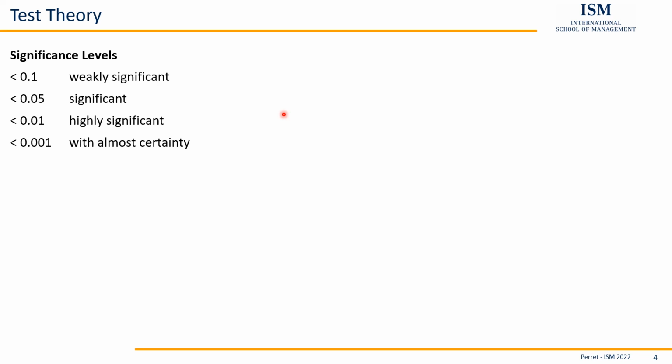Those are the different significance levels we differentiate between. That's what we might consider an error which is small enough. As I said, the standard being 5%. If we have an error which is smaller, then we can reject H0.